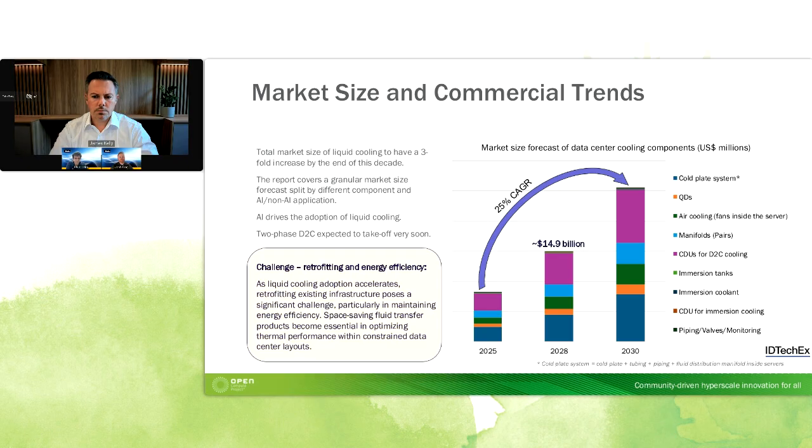So for the next 5 years, we believe that there is a 25% compound annual growth rate, which essentially represents a pretty fast increase in this entire market. And in 2028, we believe that the market size for all of those components on this slide will reach around $15 billion.